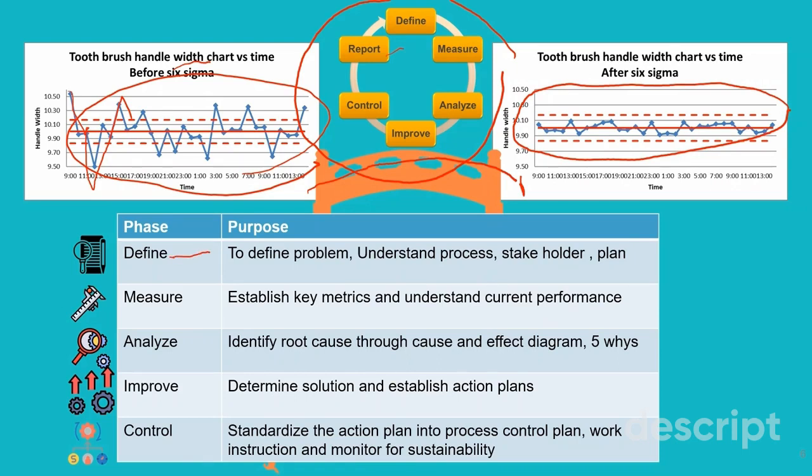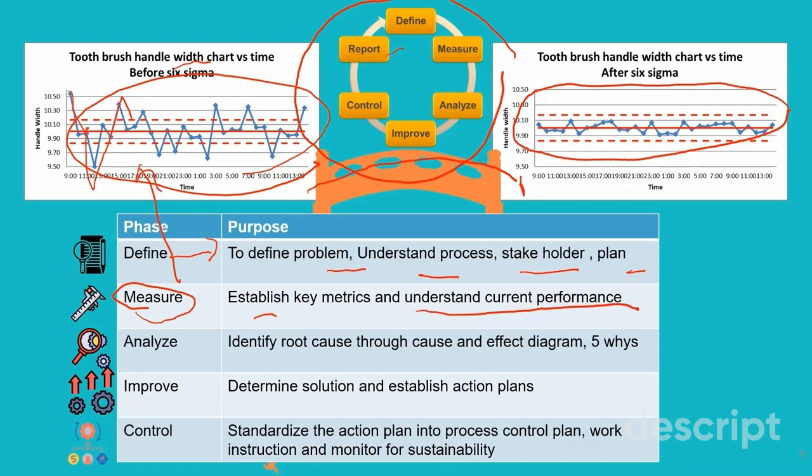In the define phase, we will need to define the problem, understand the problem, the stakeholders, and also the process management plan. In the measure stage, we will need to establish the key parameters to measure and establish the measuring process to understand the current performance, such as in this case.